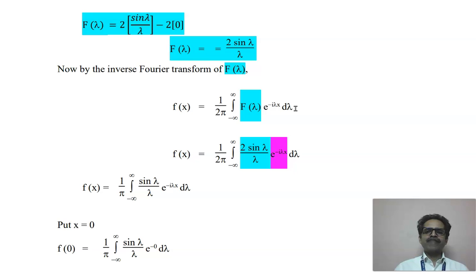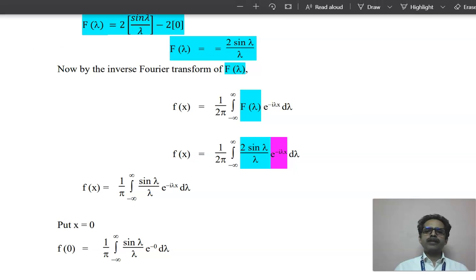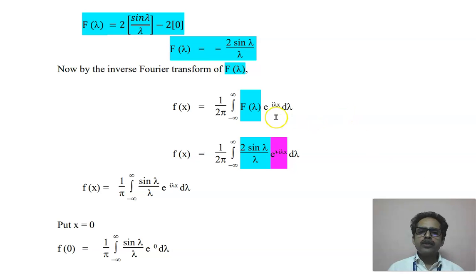Here note that e has the power plus i lambda x d lambda. So here the power of e is plus. Here we put the value of capital F lambda as 2 sin lambda upon lambda. In the next step 2 will get cancelled, and we can have this equation.